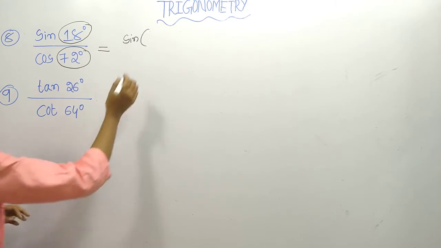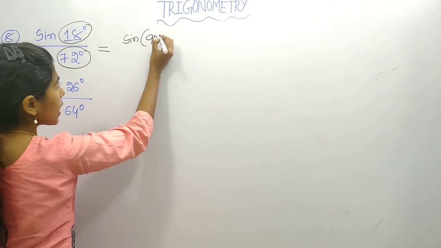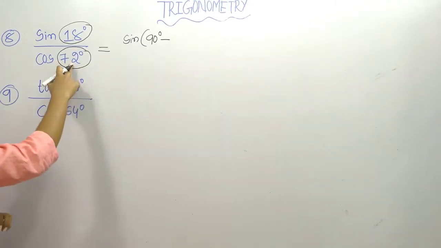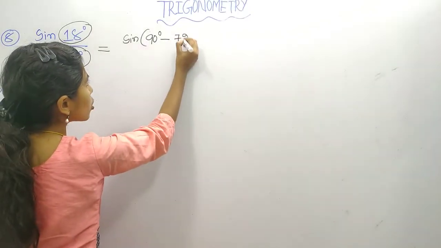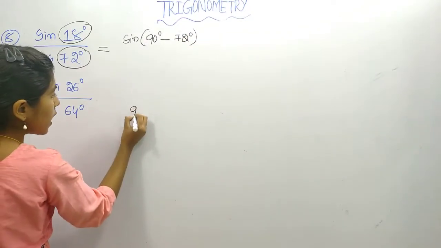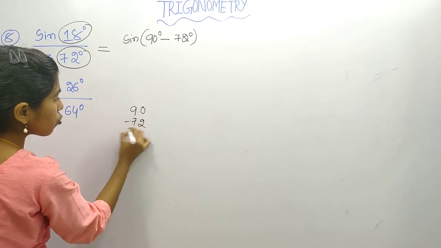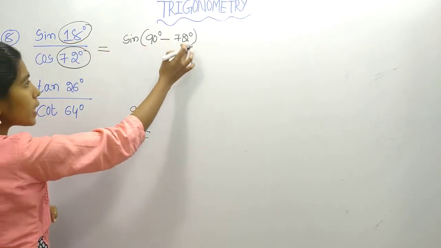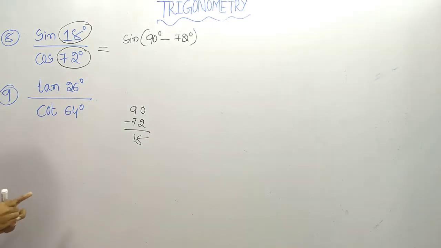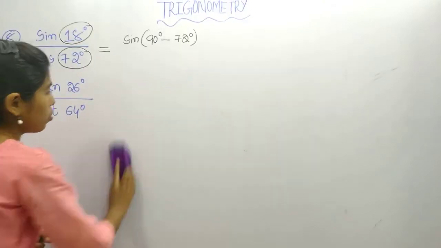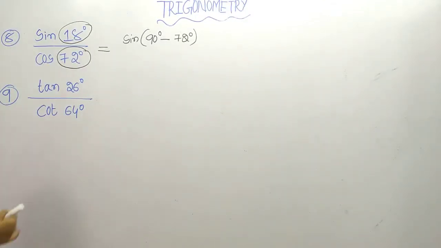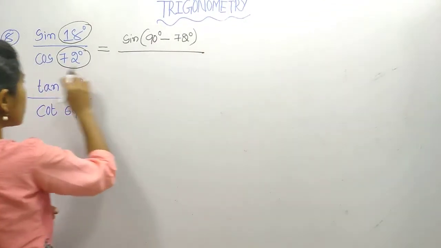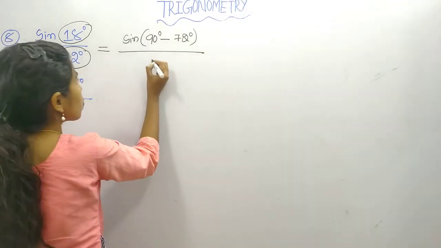You see 90 degree minus 72 degree. Here 90 minus 72 is 18. So instead of 18 we have written 90 minus 72. Why I have written this, you will know now. Next, divided by cos 72 degree.